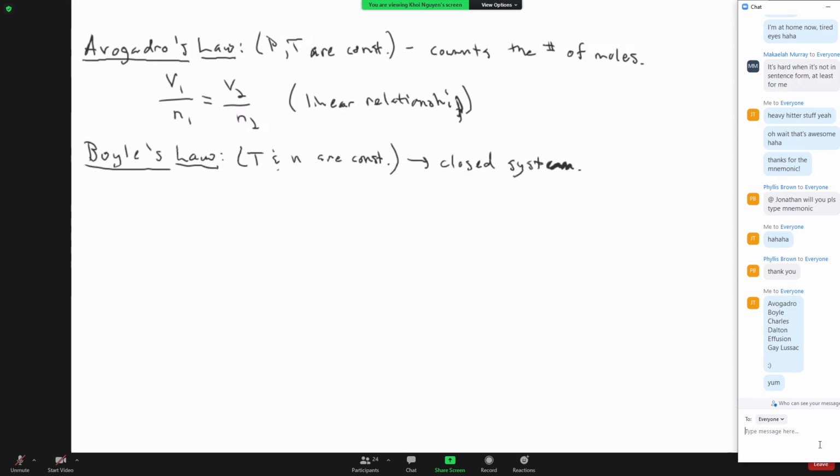So the balloon, so to speak, is tied off, right? So what we notice is that P1 V1 is equal to P2 V2. And we know that this is an inverse relationship.